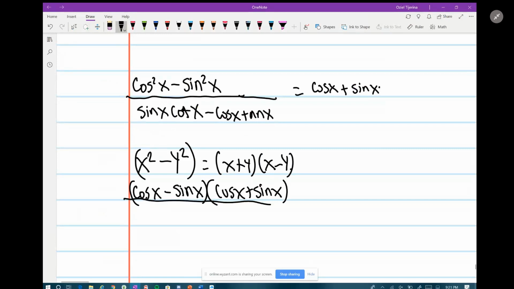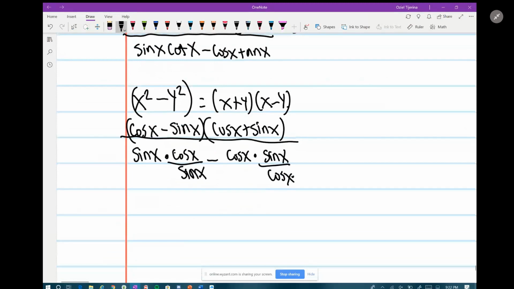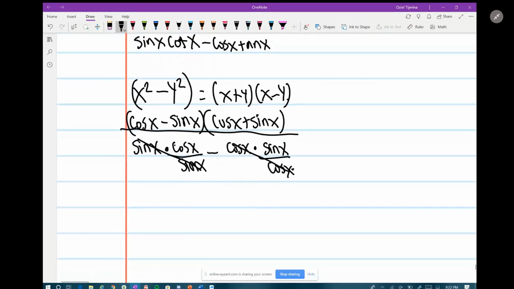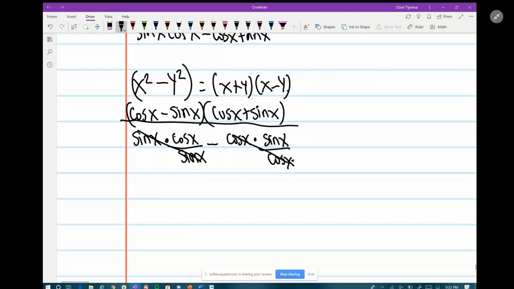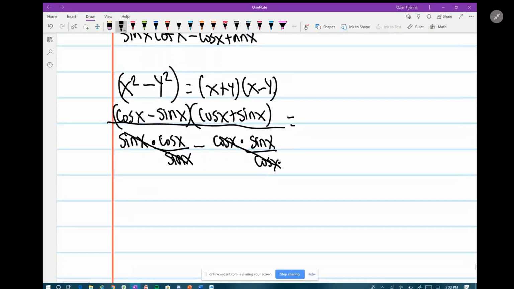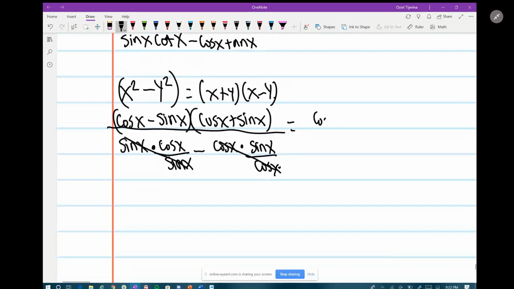And you're going to divide by, we have sine of x times cosine of x over sine of x minus cosine of x times sine of x over cosine of x. So these two cancel out. And this is all equal to cosine of x plus sine of x.